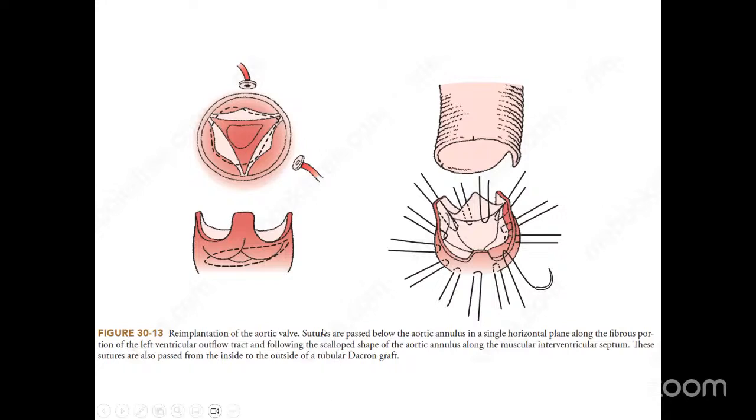For reimplantation of the aortic valve, sutures are passed below the aortic annulus in a single horizontal plane along the fibrous portion of the left ventricular outflow tract, following the scallop shape of the aortic annulus along the muscular interventricular septum. Sutures are also passed from the inside to the outside of the tubular Dacron graft.